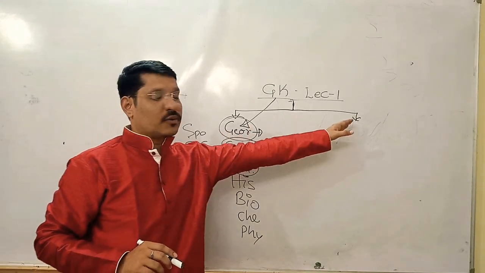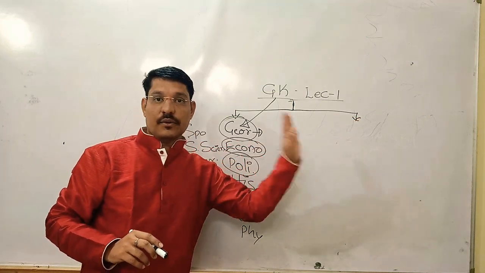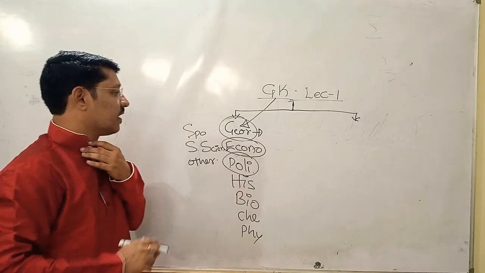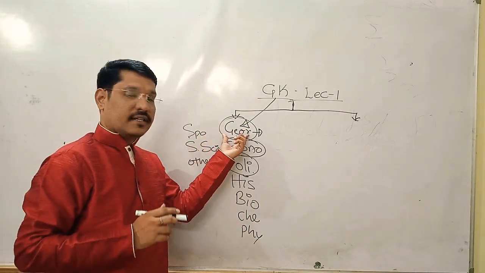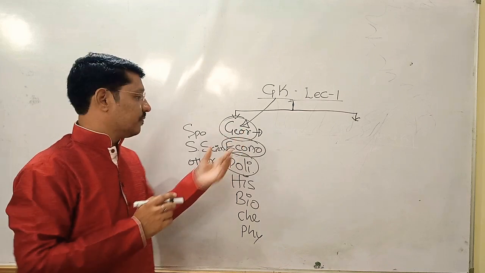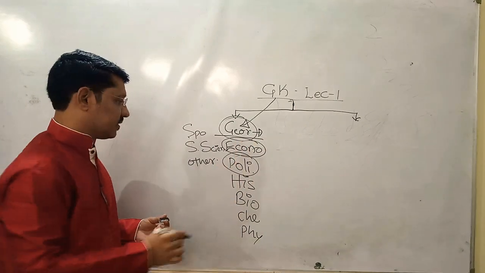The solar system does not change every day or year to year; it is fixed. The next are world geography and Indian geography. These points will be covered under geography.